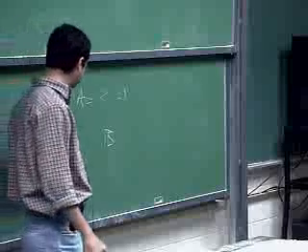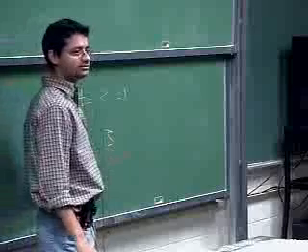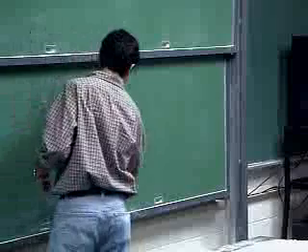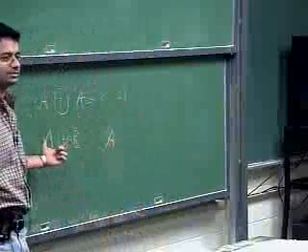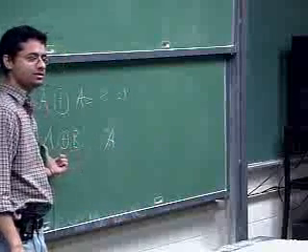If you're given these 2 bits, can you recover A? Right? You can recover A. If you're given these 2, can you recover B? Right? So this serves as the parity packet.